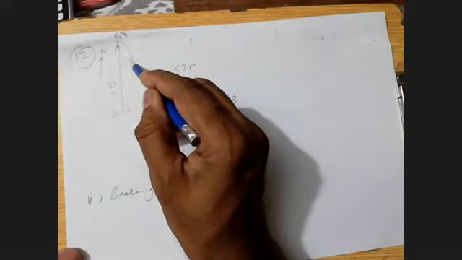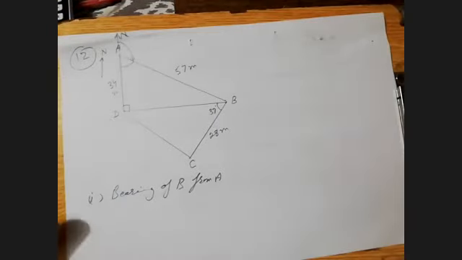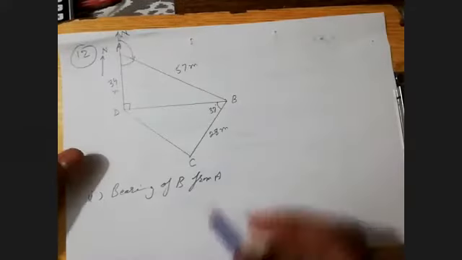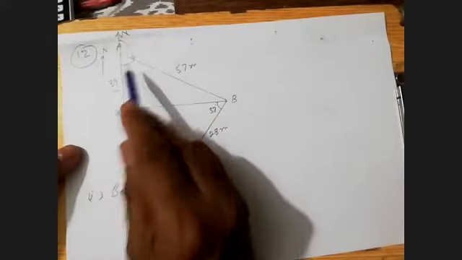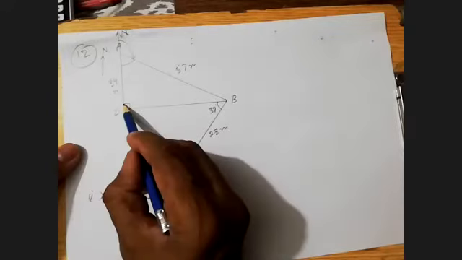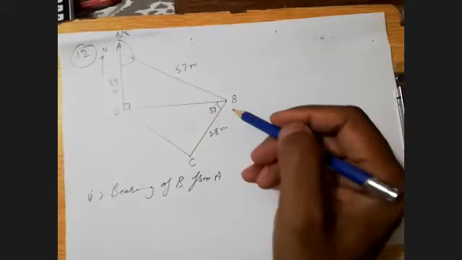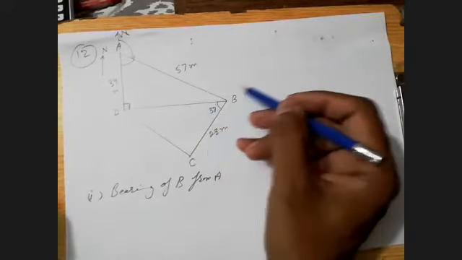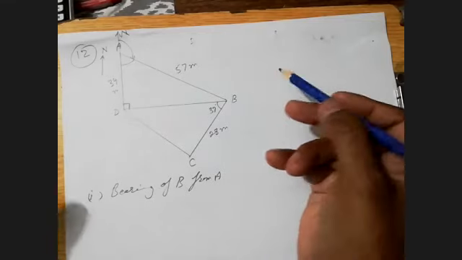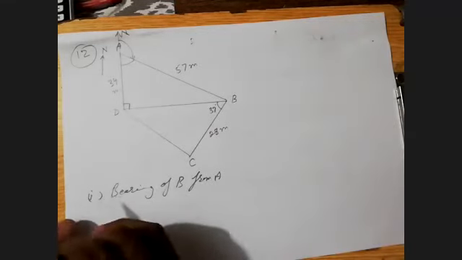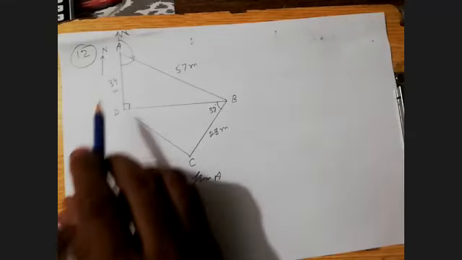I must be aware of this angle. How am I going to find out this angle? Because the total angle on the straight line is 180, from 180 I'm going to subtract this angle to get this bearing. Then to find this angle, with the help of the sine or cosine ratios, I can find out this angle.